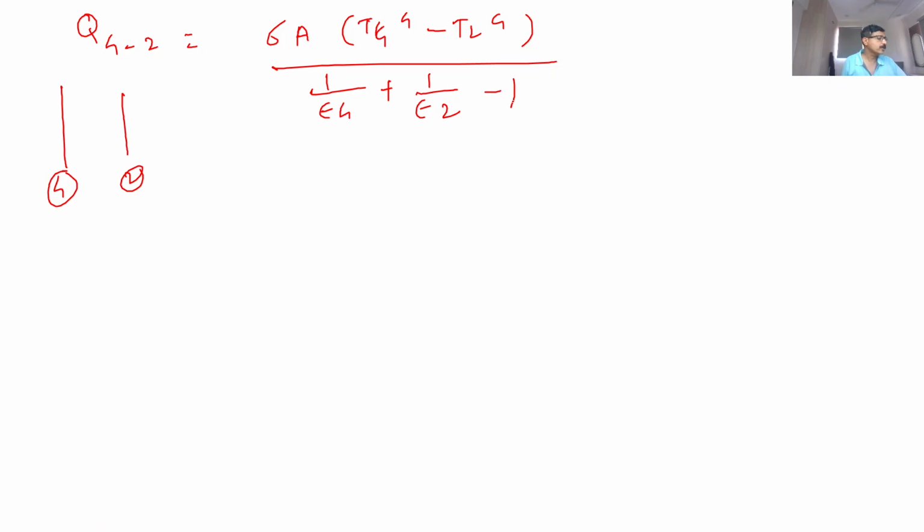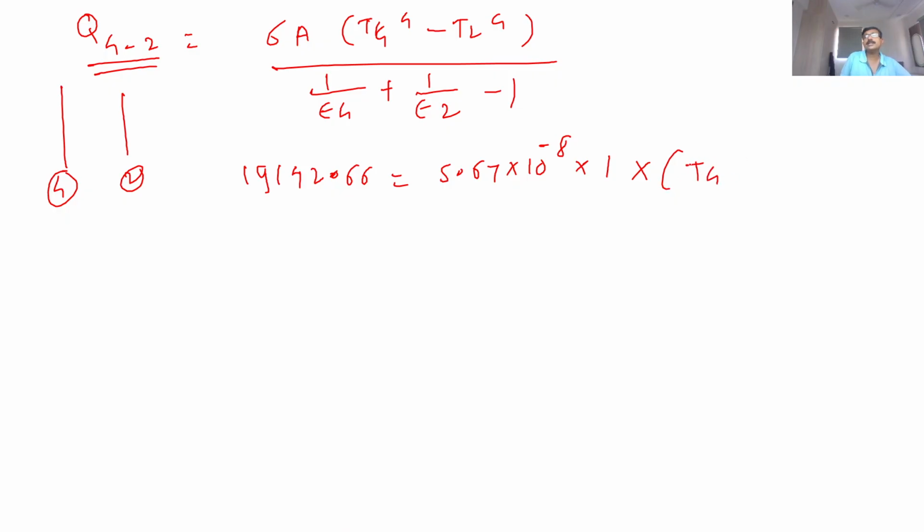So if you are doing it, Q4 to 2 is already known. Under steady state it is the same. 19,142.66 is equal to sigma, 5.67 into 10 raised to minus 8. Area is 1. T4 is unknown, that is only TR raised to 4, and T2 is known to you. What is T2?